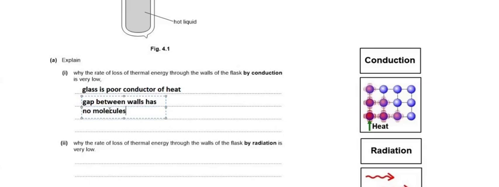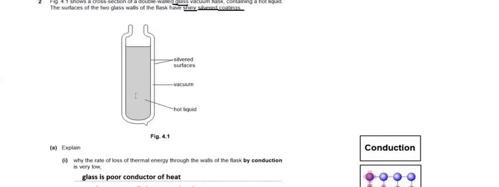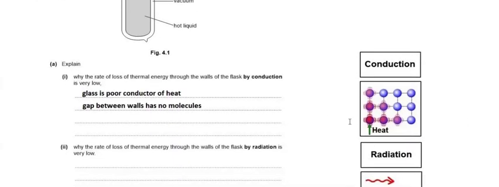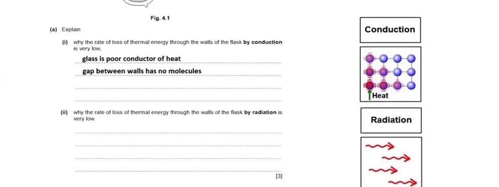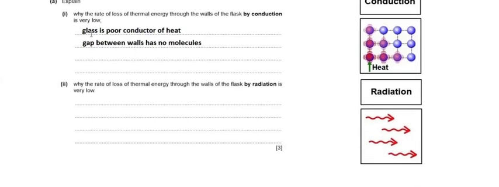And as there is no molecule between the two gaps, you can see over here there is a vacuum between these two surfaces. So there is no medium, and if there is no medium, then there is no process of conduction, because for conduction and convection we need the medium. For radiation we don't need any medium. So the glass is the reason and the gap is the reason behind no heat loss by the process of conduction.